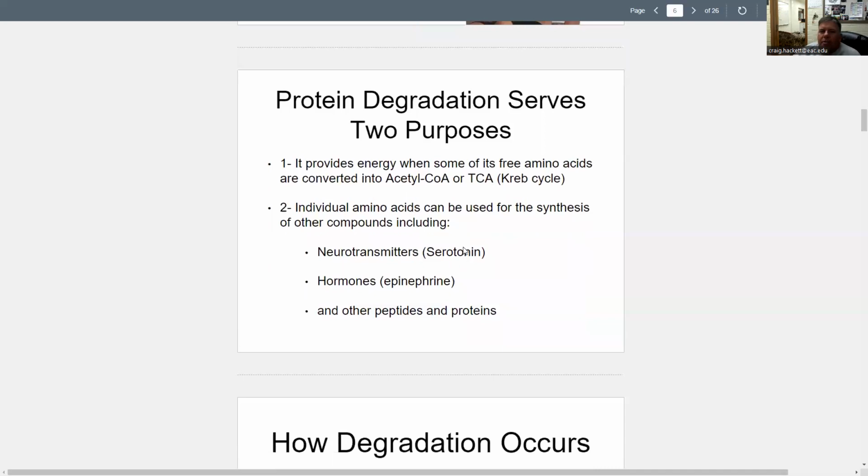So protein degradation, or the breakdown of protein, serves two purposes, right? We can break down proteins and get those free amino acids, which can be converted into acetyl-CoA and used in the TCA, or the Krebs cycle. Remember, the Krebs cycle occurs in the mitochondria of the cell, and it produces ATP along with the electron transfer system, yeah?